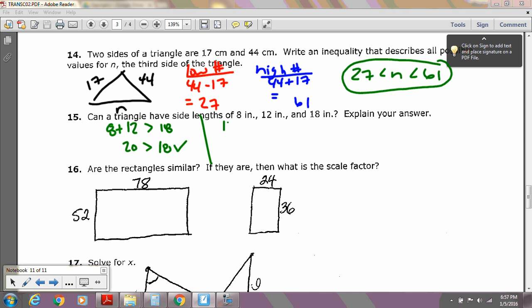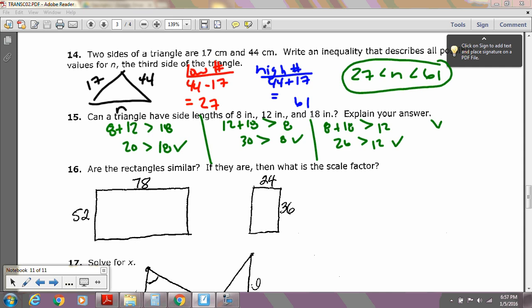Now take sides 12 and 18 and see if it's greater than 8. Well, 18 and 12 make 30, and again, that is greater than 8, so that works out. Now test the last pair, 8 and 18, and see if it's greater than 12. 8 and 18 would make 26, which again is greater than the third side.